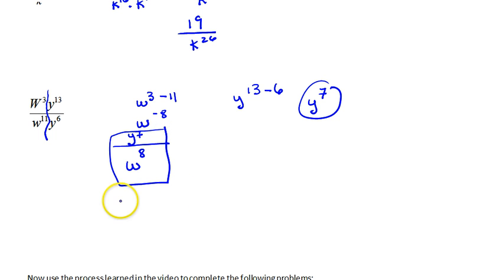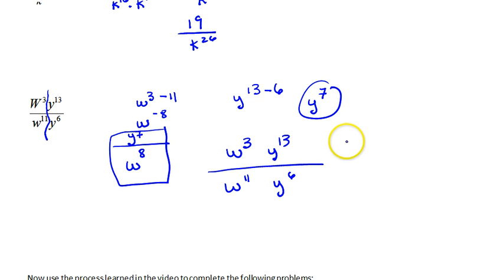Another way to look at that problem is if I have w to the 3rd power over w to the 11th power and y to the 13th over y to the 6th, I can divide the top and bottom by the same thing that they have in common. So they have in common w to the 3rd, and they have in common y to the 6th.